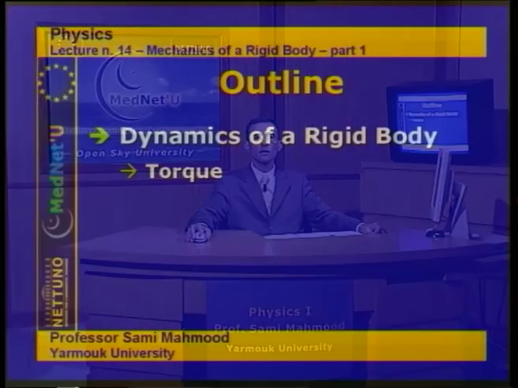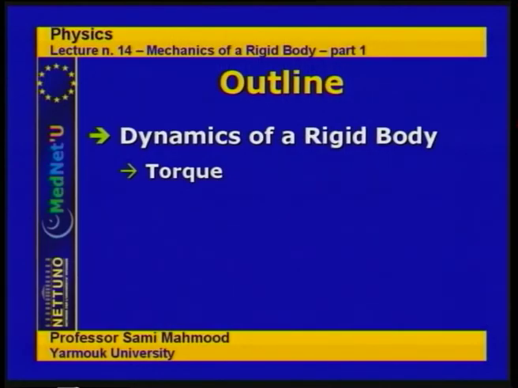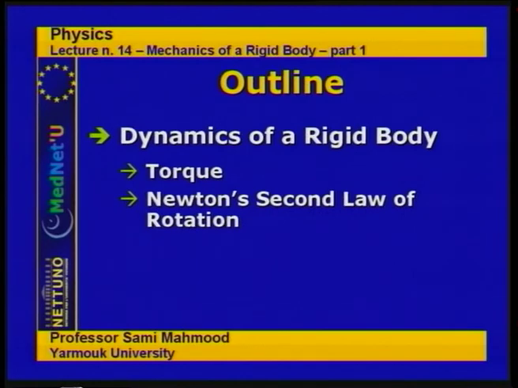And after that, we will start defining the dynamical quantities, the torque, which is responsible for the rotation of the object. We will then state Newton's second law of rotation.